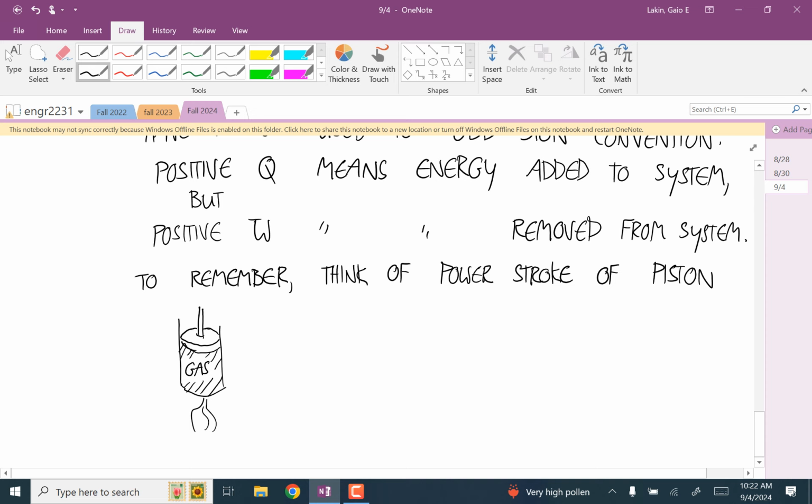You heat up the gas, and the result is the piston rises. So energy is being added to the system through heat, and energy is being removed from the system by doing work on the surroundings.